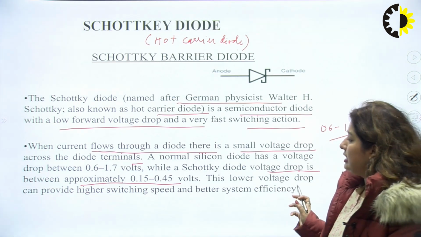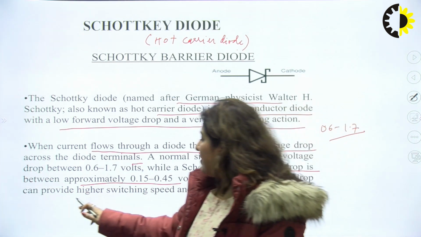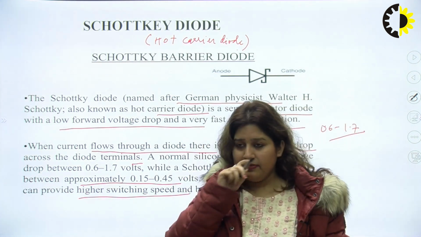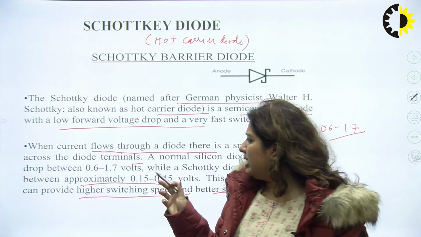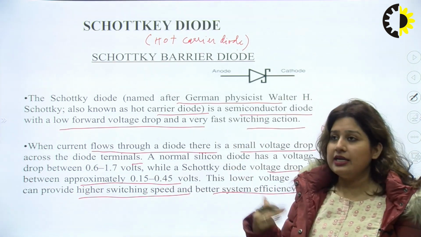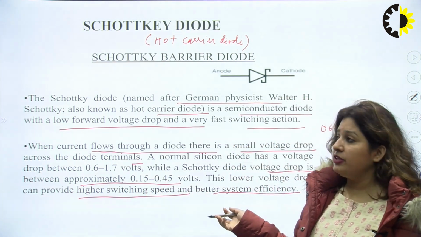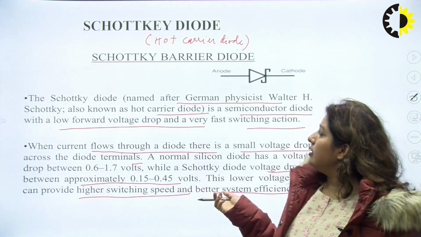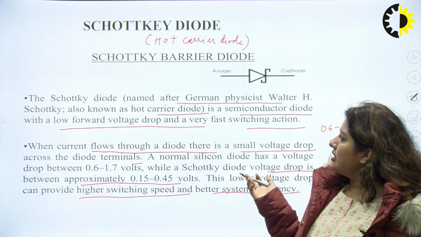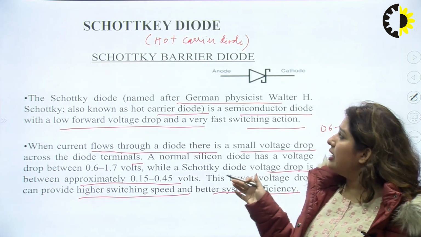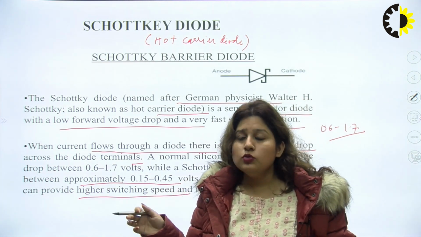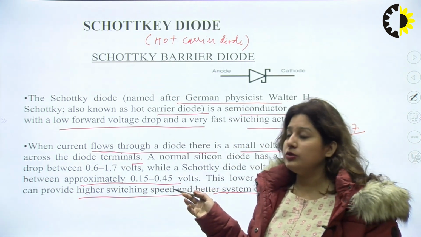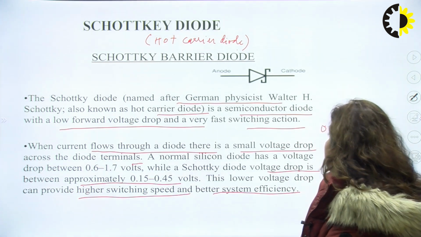This lower voltage drop can provide higher switching speed and better system efficiency, so this type of diode can be used in applications where we require higher switching speeds and better system efficiency as compared to the PN junction diode and the Zener diode. We will later see how Schottky diodes are useful in making such devices.